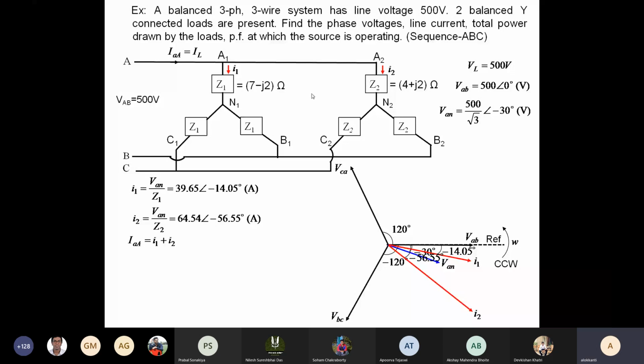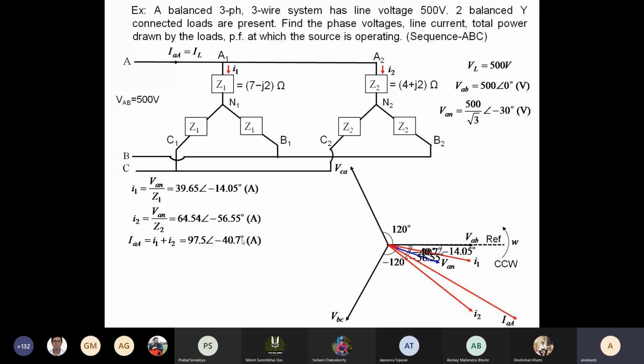Ultimately, it will be a complex number with some magnitude and angle, and that is somewhere between 14 degree and 56 degree, that is at minus 40 degree. The phasor diagram becomes a little bit clumsy, but anyway, it has to be done. The angles have to be found out correctly.